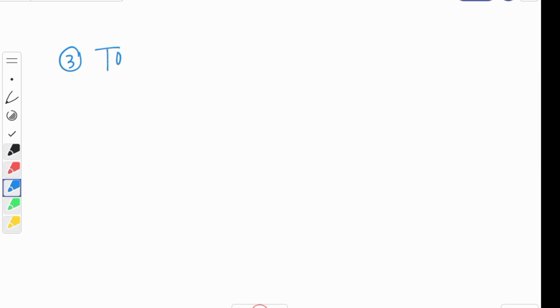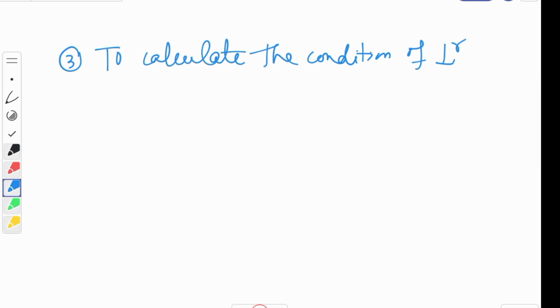That means if in a question two vectors are given and you have to find out whether these two vectors are perpendicular or not, then what to do? We have to find out the dot product of these two vectors. If the dot product is 0, as we have seen, then both the vectors are perpendicular.